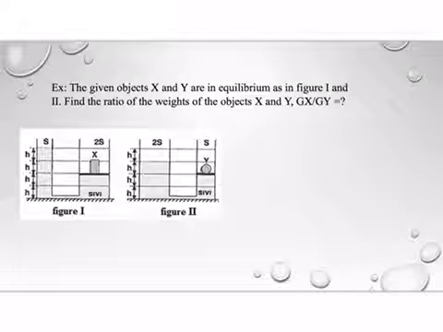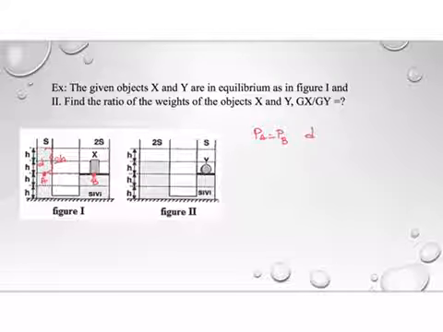In this example, the given objects x and y are in equilibrium. Find the ratio of their weights. Now, in the first figure, these points that are at the same level, touching the same liquid, should be equal. So let's say A, B. The pressure at A is equal to the pressure at B. The pressure at A is equal to the pressure exerted by the D liquid with a depth of 2H.